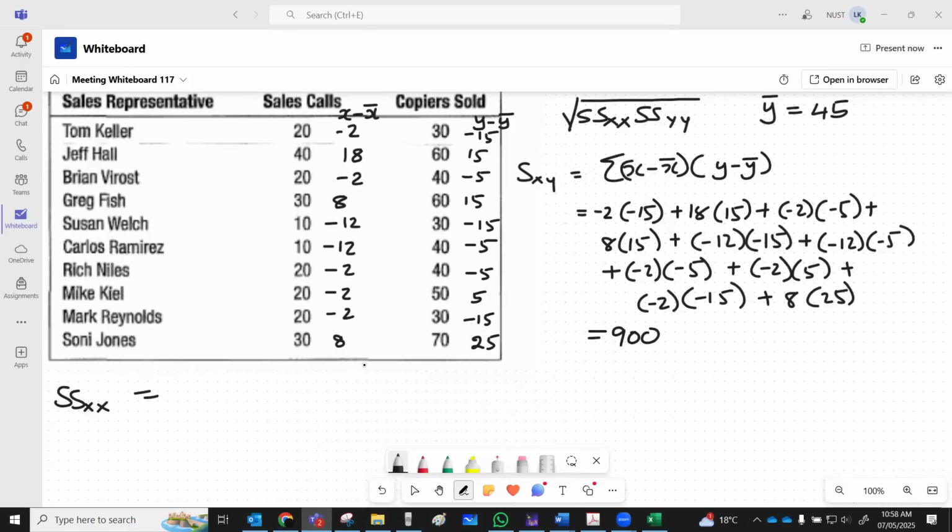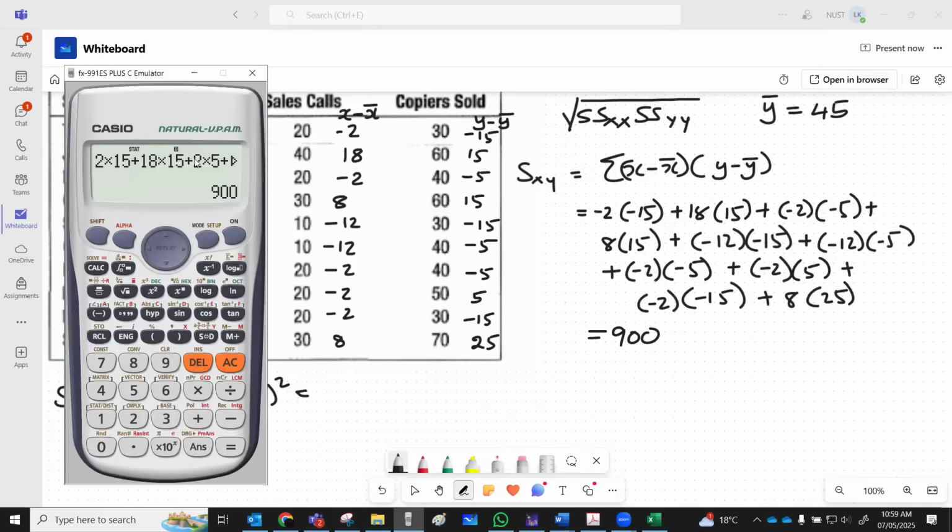So this one we know is equal to the sum of x minus x bar, and you square them. So each of these you square them and then add them together. So I'll just show you on the calculator and not really write everything. So I have 2 squared, because minus 2 squared is the same as 2 squared.